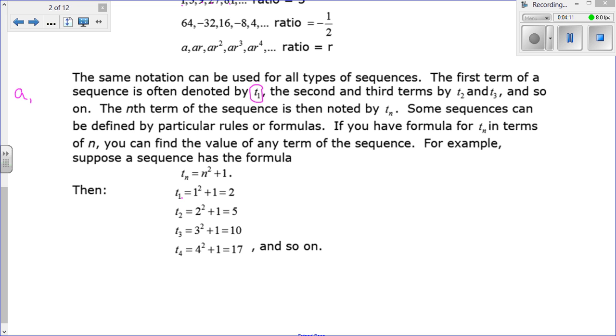So 2 squared is 4 plus 1 is 5. Then put in 3 for n. 3 squared is 9 plus 1 is 10. Then put in 4 for n. 4 squared is 16 plus 1 is 17. And so on. So my actual sequence would then be 2, 5, 10, 17, and so on.